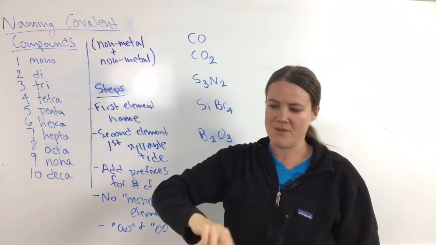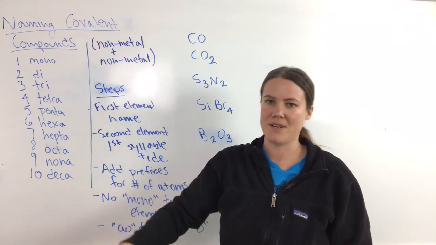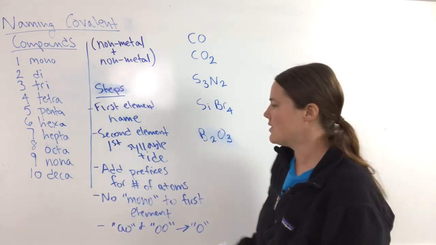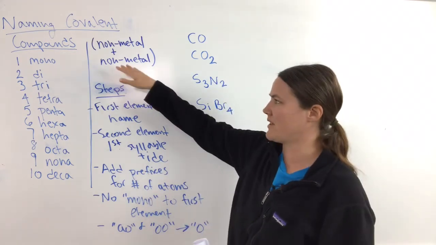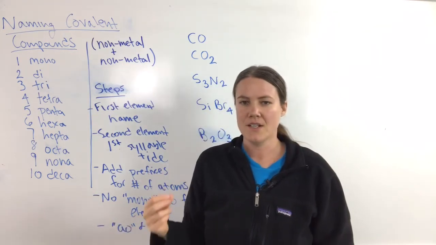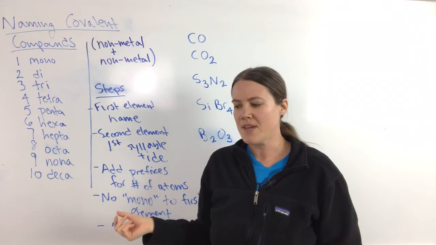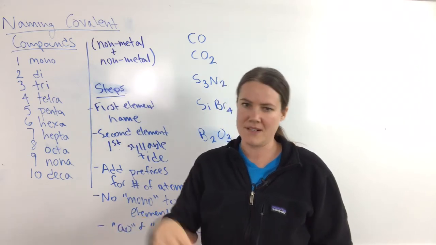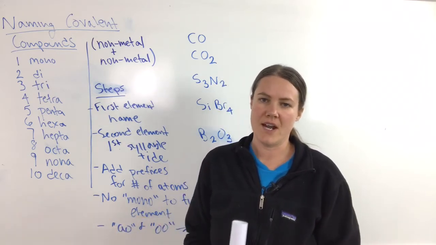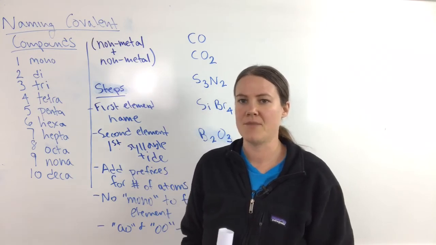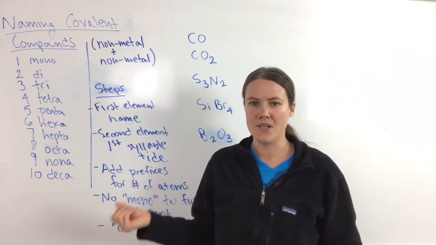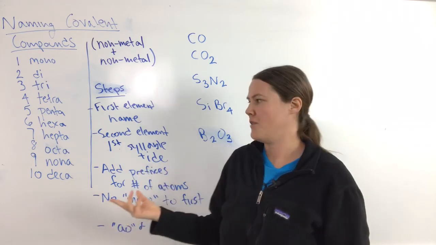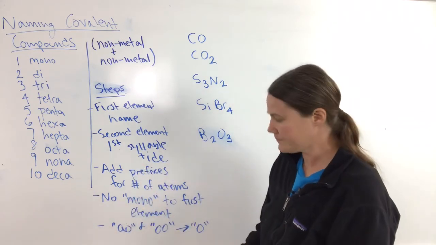And if you have a metal and a nonmetal, you have an ionic compound. If you have an ionic compound, go back to the video I made on naming ionic compounds. If you have a covalent compound, I'm going to show you how to name that compound in this video.